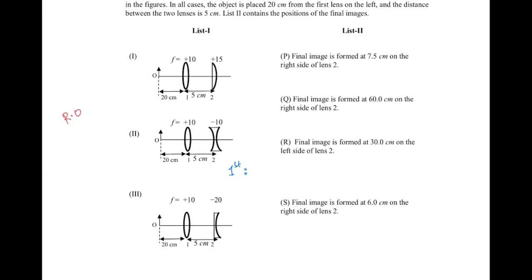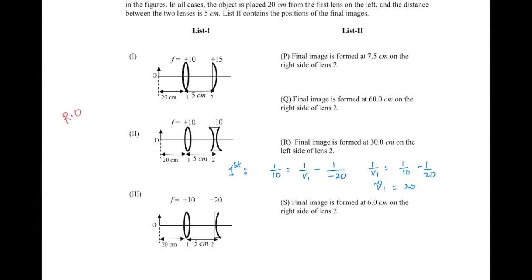So let me write like this. For the first lens, 1 by F, so 1 by 10, is equal to 1 by V1 minus 1 by U, where U value will be minus 20. So I'm going to have 1 by V1 equal to 1 by 10 minus 1 by 20. From here, I solve and get V1 equal to 20.